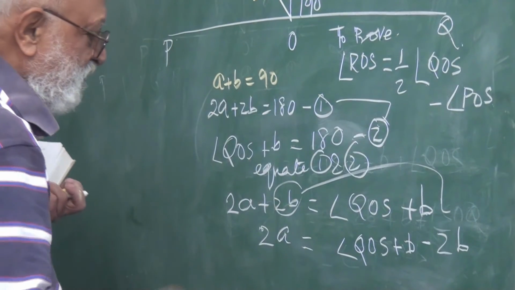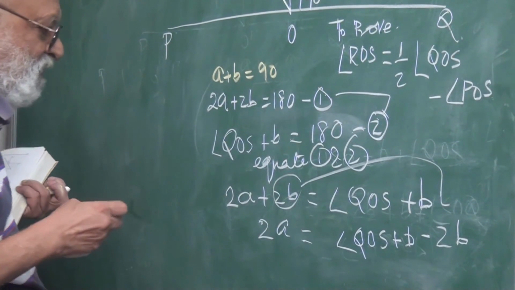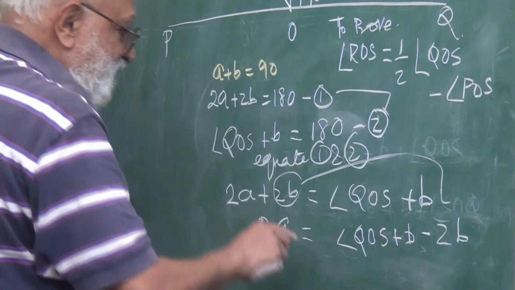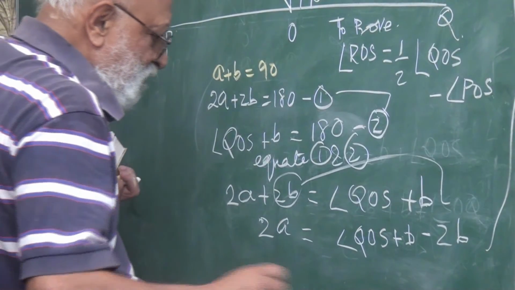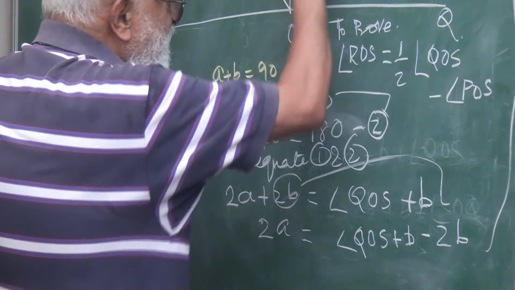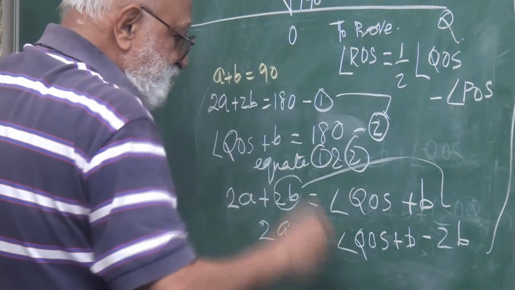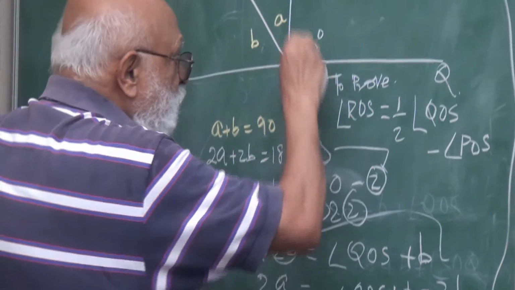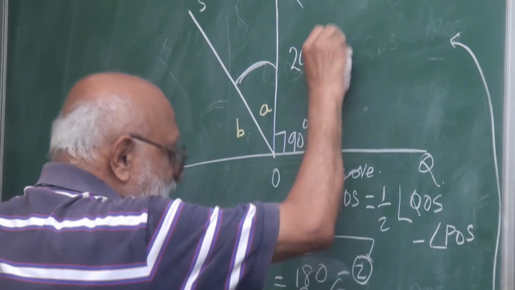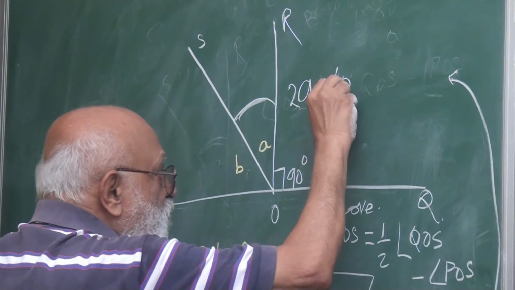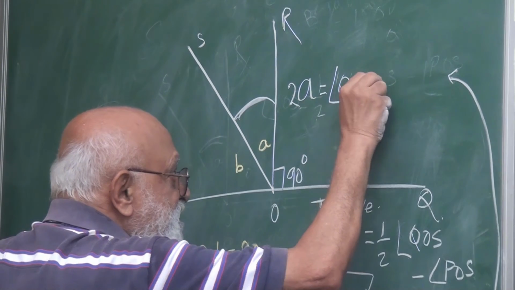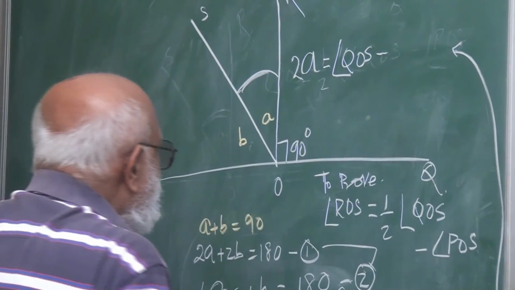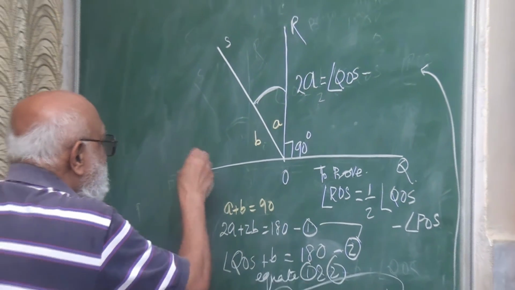Okay, this is okay with you? Should be okay. There is no other alternative. So I am continuing it here so that we can get a good coverage. So 2A will be equal to angle QOS minus B. What is B I have taken?